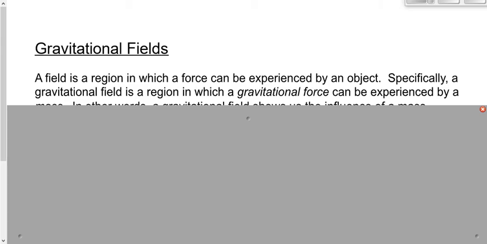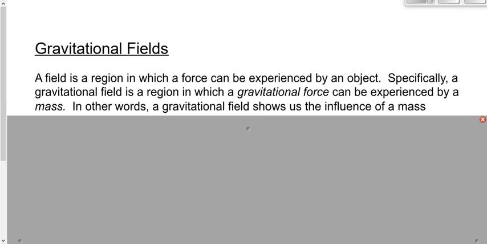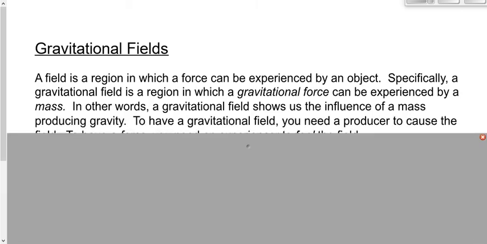It doesn't mean that there's an object there that's experiencing that force, but it's a region in which there could be a force if there was an object to experience it. It shows the influence of a mass producing gravity, even if there's nothing to be influenced.